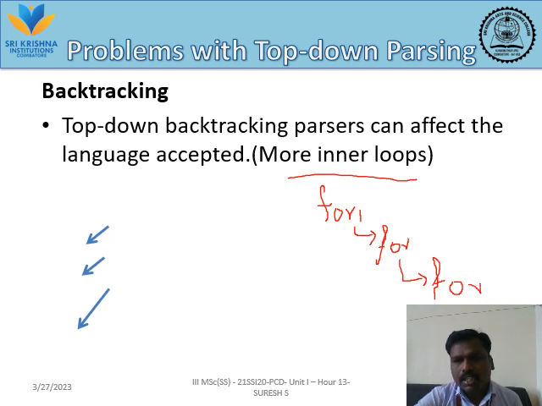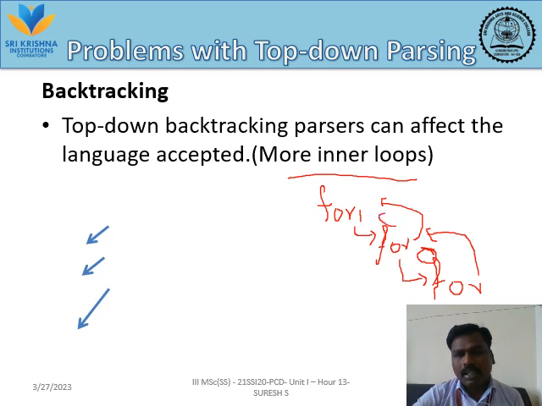Then it has to go back to this for loop, back to this condition. If it is true, then again this loop will be continued. That's why we call it a looping statement. Then when this loop is completed, it has to go back to the outer loop.